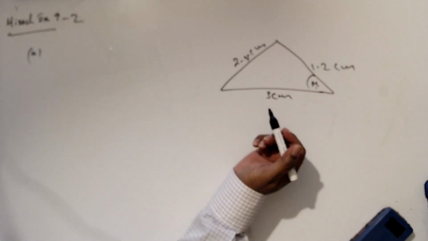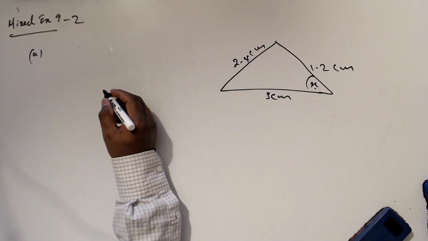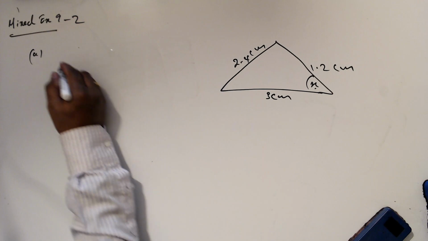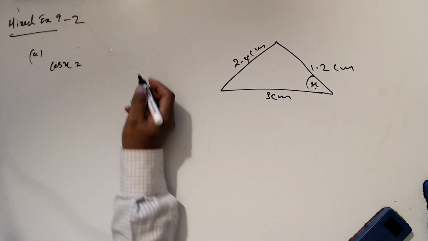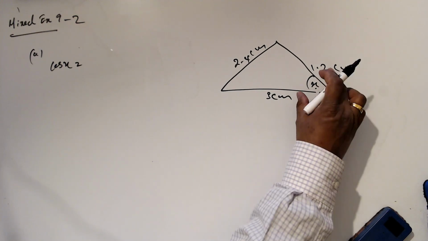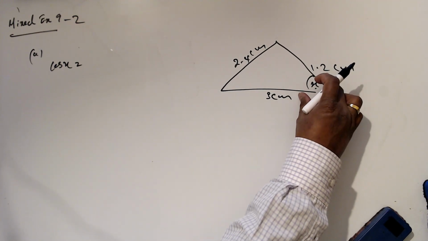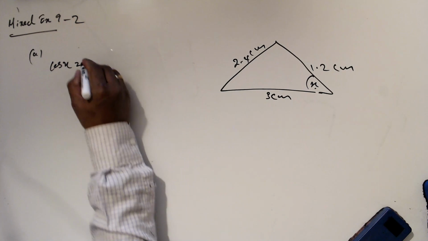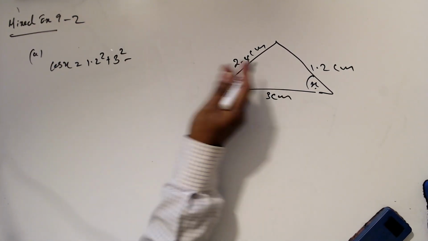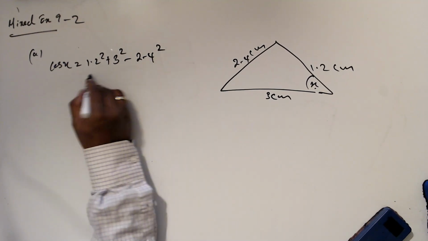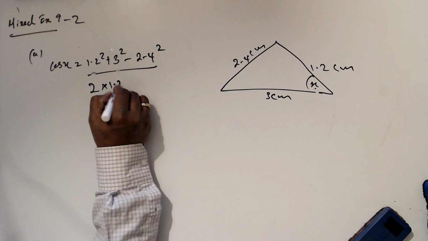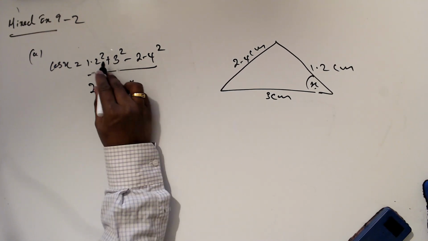Why I decided to go cosine rule? Because all three sides are known and I want to find an angle. So cos x equal, when you consider this one, then you have to square the adjacents, 1.2 square, 3 square, minus the other one, and 2 times 1.2 times 3.